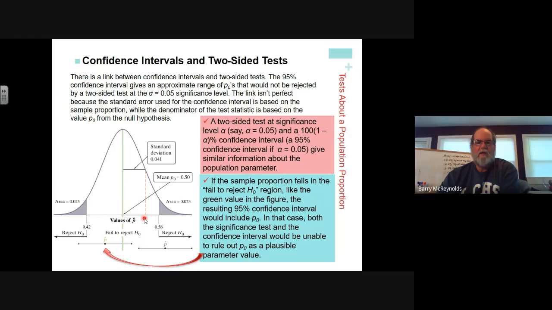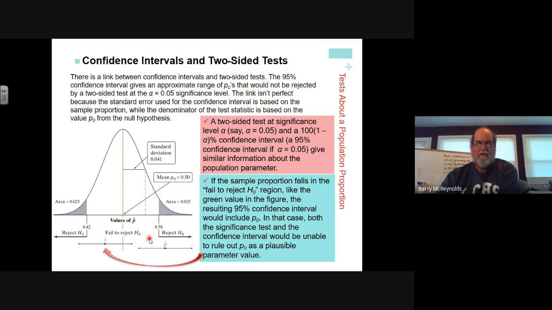And so if our sample was here, in other words, the p hat that we calculated was here, and we constructed the confidence interval, then p hat falls inside the middle range of the curve, and so we would fail to reject the null hypothesis, whatever it was.